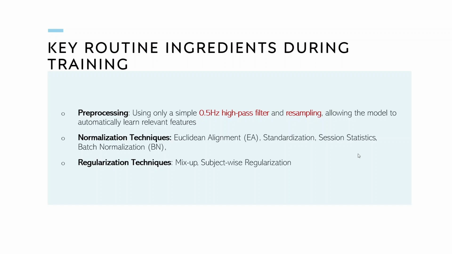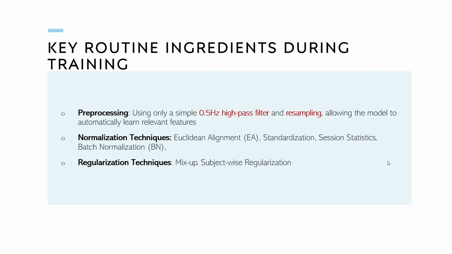The second technique is normalization. It uses Euclidean alignment, which projects data into a domain-invariant space based on the covariance matrix to address the distribution variation across different subjects and sessions.